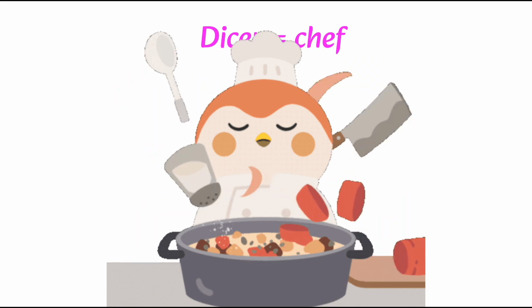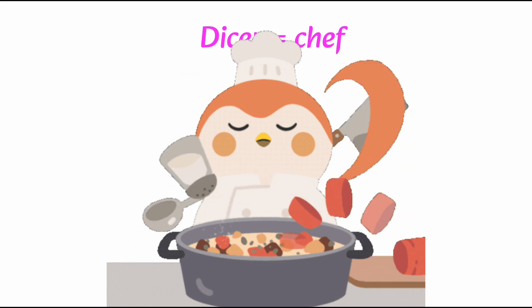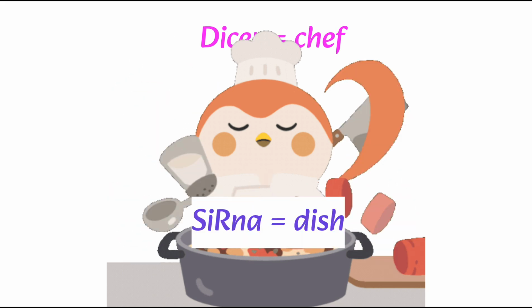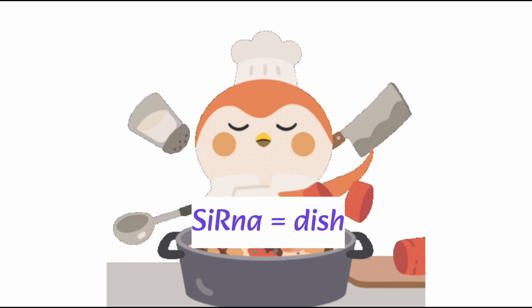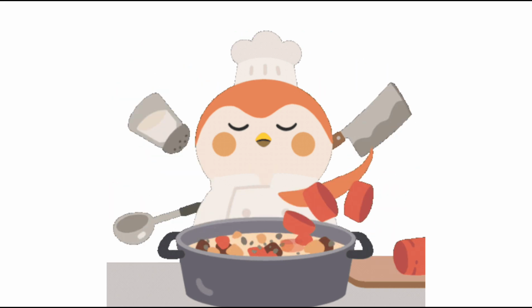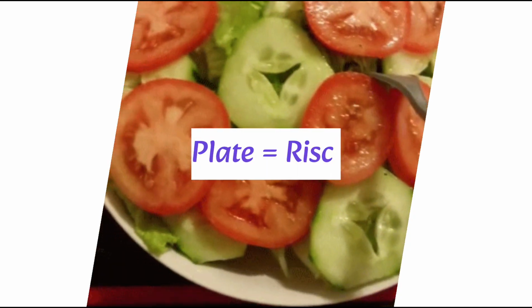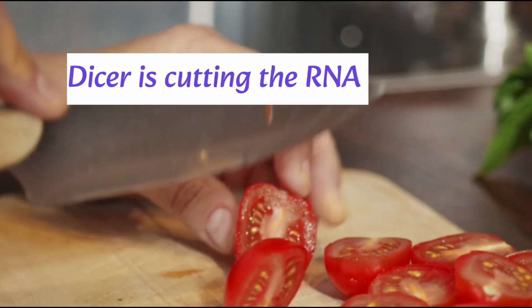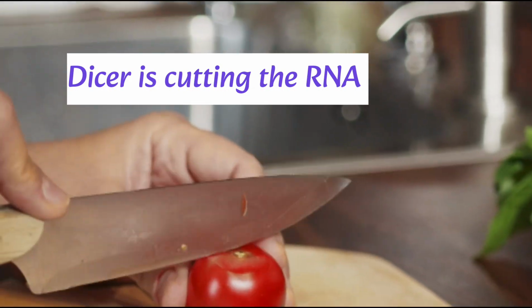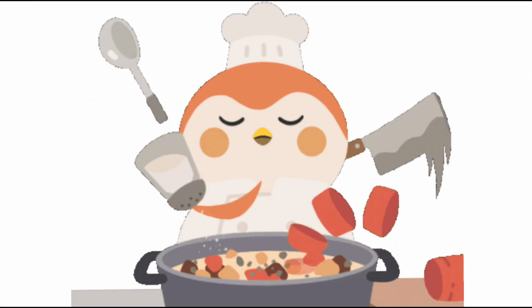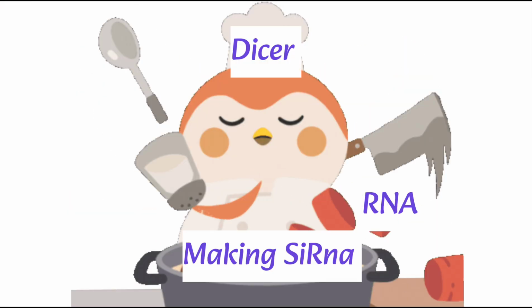Now the chef is cutting the tomato and making a dish, that means dicer is cutting the RNA and making siRNA and putting it on the plate, that is the plate is the RISC. So the dicer is cutting the RNA and making a small dish siRNA and putting it on a RISC, and then throwing away the spoiled ingredient.